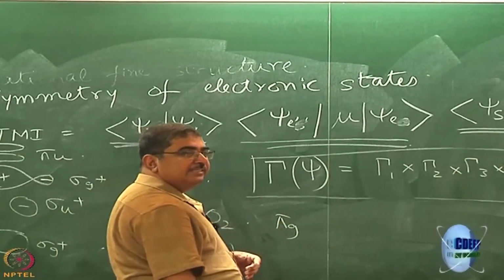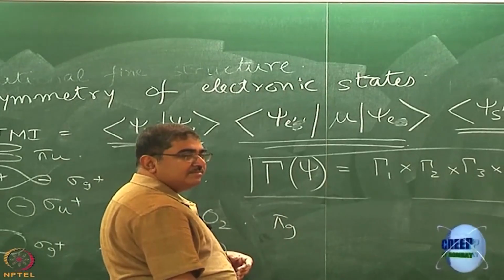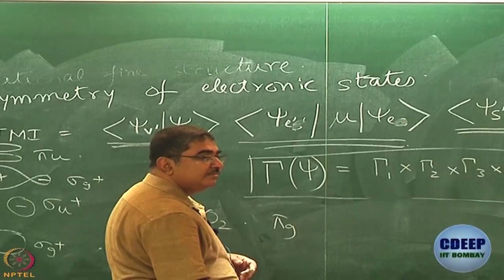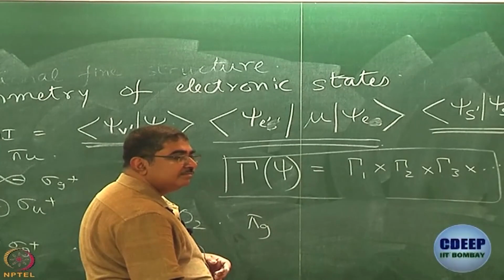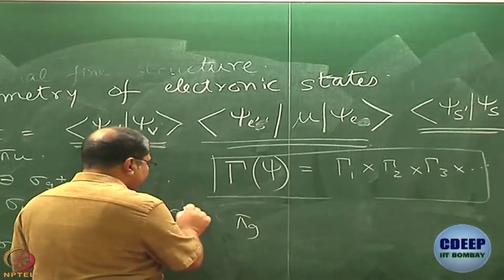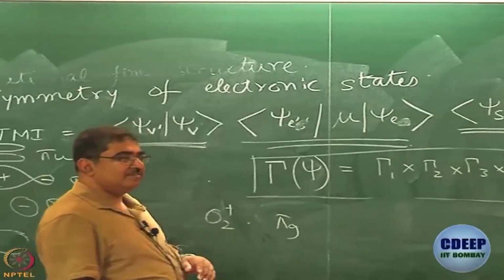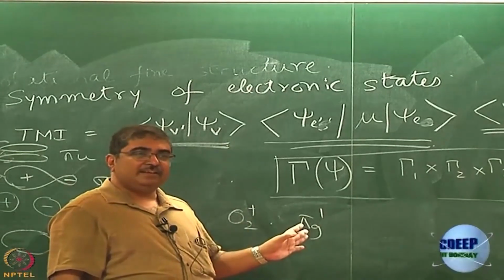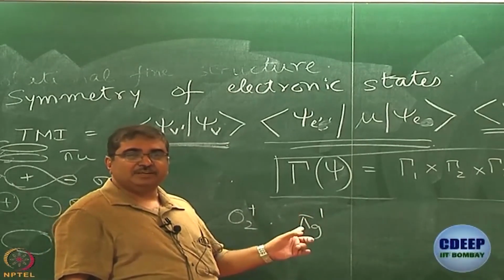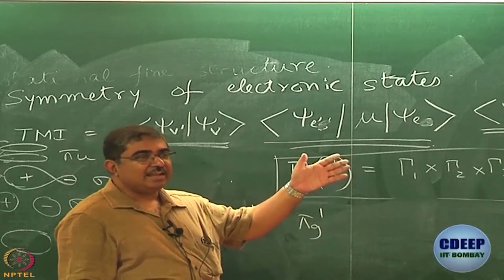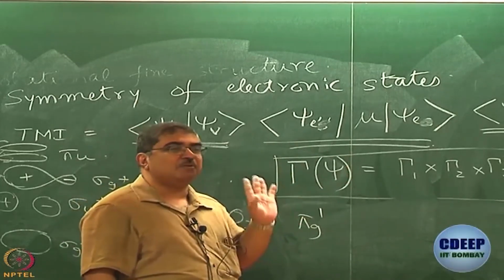How many electrons in pi g? Yes. How many electrons are there? 2, right. So, I will write O2 plus, then it will become pi g 1, right. Dioxygen with a plus charge pi g 1. What will be the symmetry of the state? Same symmetry as the orbital that is singly occupied.